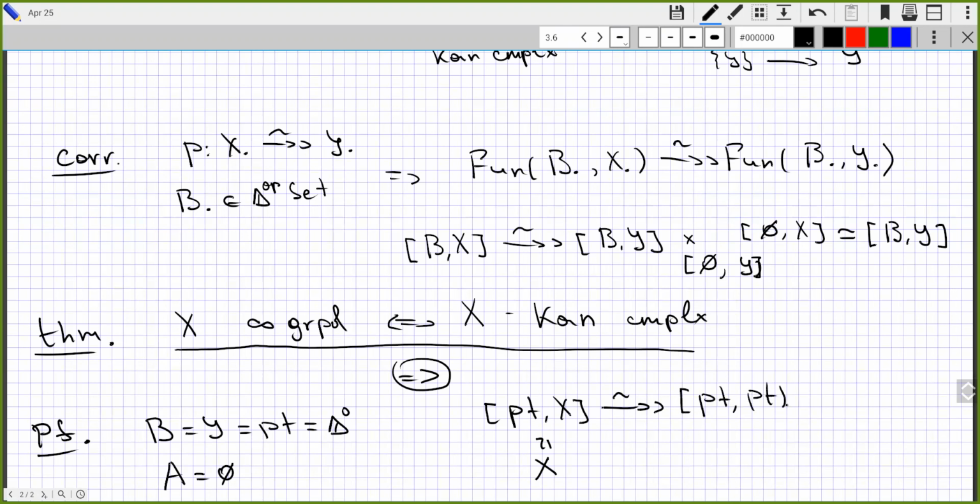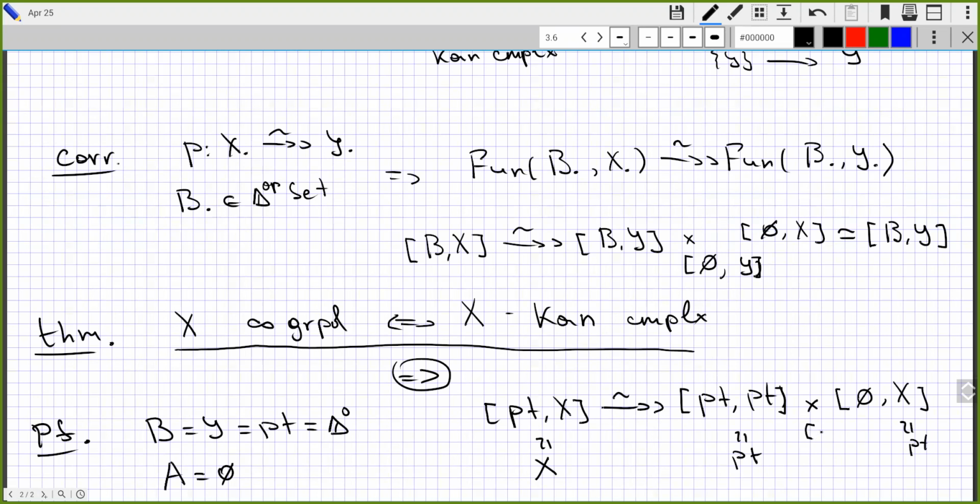Map from point to point, which is a point, times Hom from the empty set to X, which is a point basically because you've got only one way to map from the empty set to any other set.